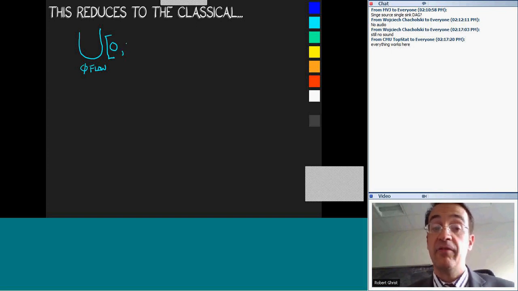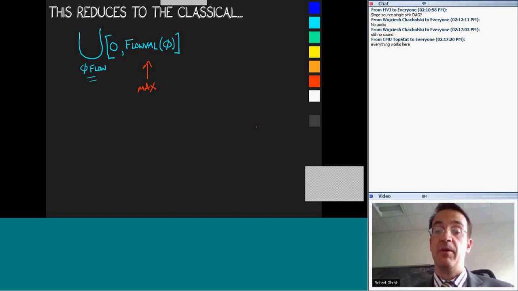What one gets as feasible flow values is a semi-module that is the interval from 0 to value of that flow. I take the union of these intervals over all possible flows. Of course, at the right-hand side of that interval, what I get is the maximum flow value.